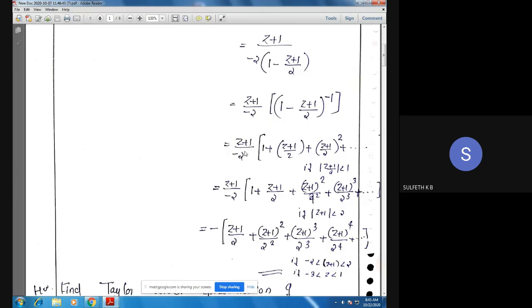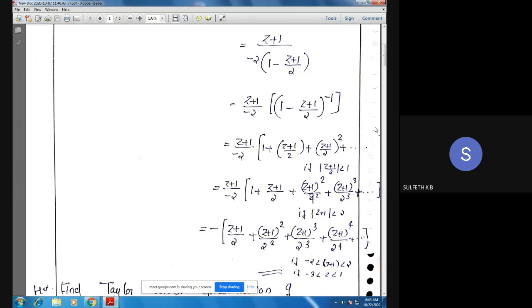Then (z+1)/2 divided by minus 2 is outside. Then we have the expansion of (1 minus z) raised to minus 1 as 1 plus z plus z square plus etc.